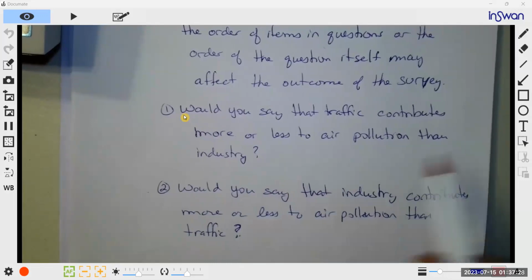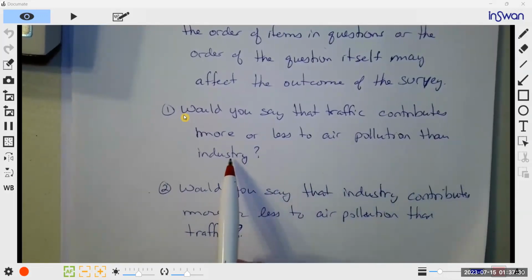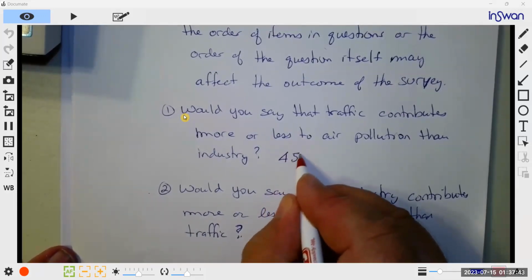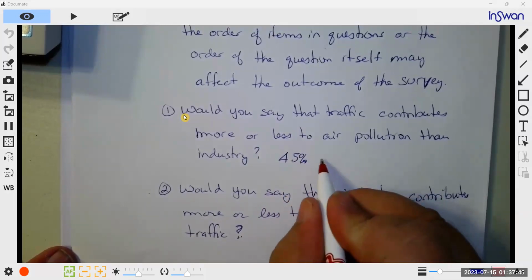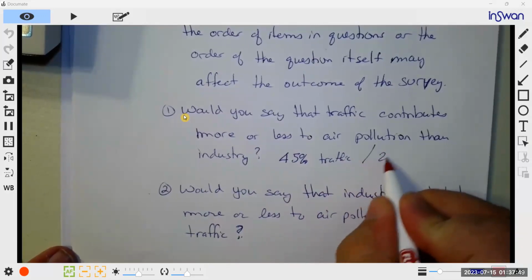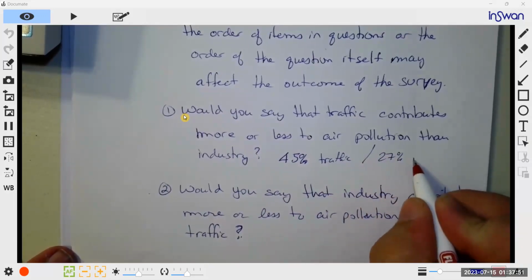Would you say traffic contributes more or less to air pollution than industry, or would you say that industry contributes more or less than traffic? So what this one says, 45% blame it on traffic, 27% on industry.